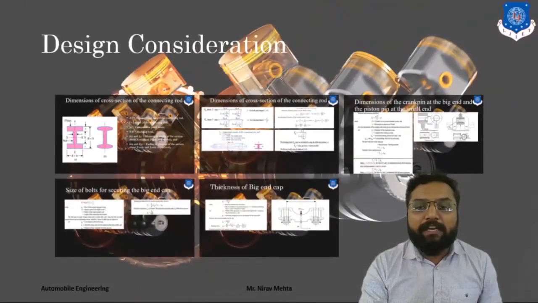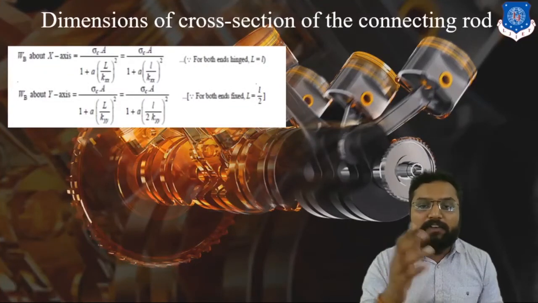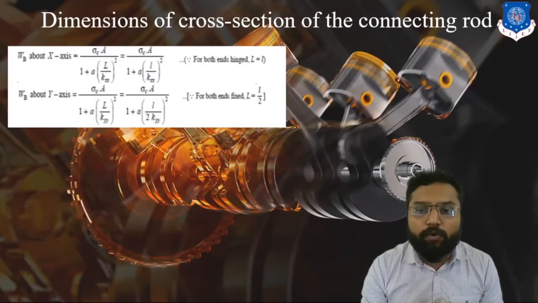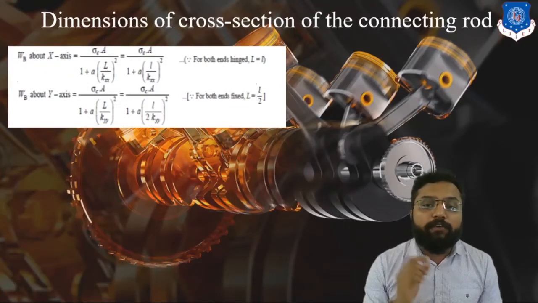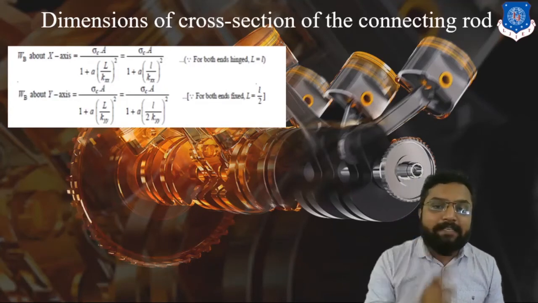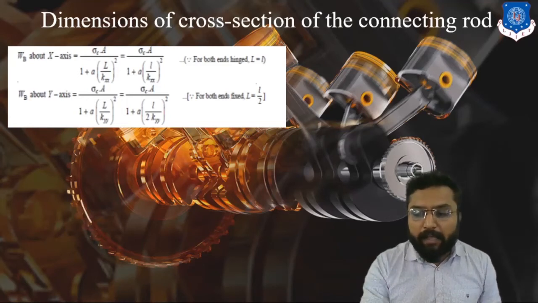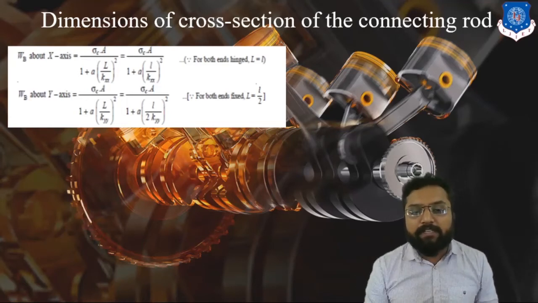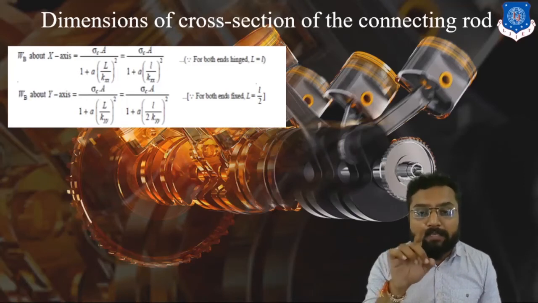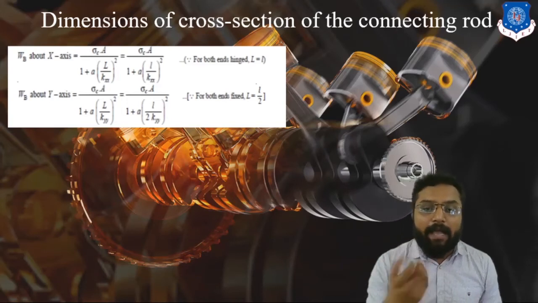Okay. After that, let's get into the design of the dimensions of this connecting rod. First of all, as I have told you, we have to find the buckling load at the x-axis and the buckling load at the y-axis. At the x-axis, clear? In the last slide, we have seen that at the x-axis it comes as Ixx, and at the y-axis it will be Iyy.